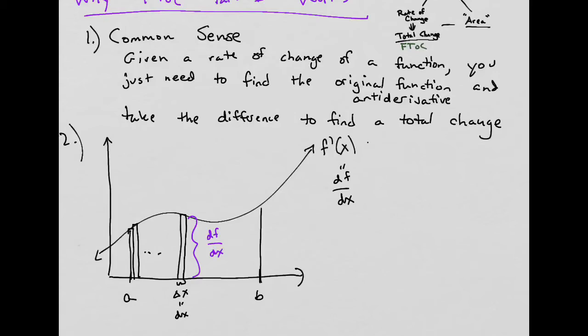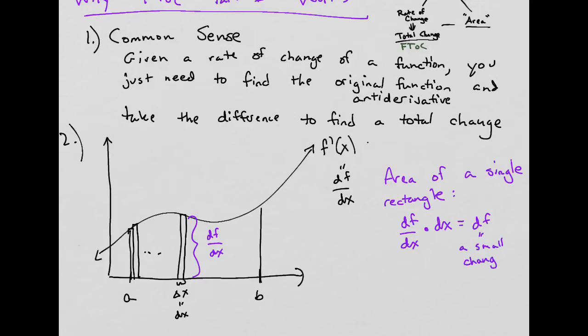To get the area of a single rectangle, you have df dx, which is your height, times your width dx, which comes out as df, so the dx's cancel. That is a small change in f.